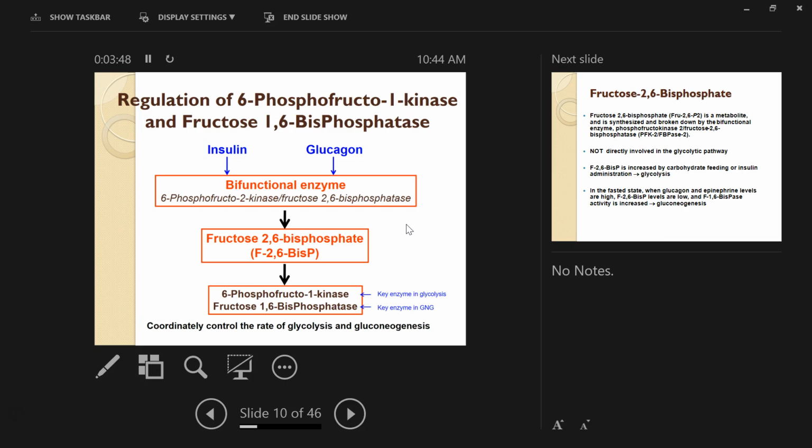The main function of the bifunctional enzyme is to catalyze the formation of fructose 2,6-biphosphate, right? This is the very important intermediate. This intermediate directly regulates the two key enzymes that we just described in the last slide, in glycolysis and gluconeogenesis.